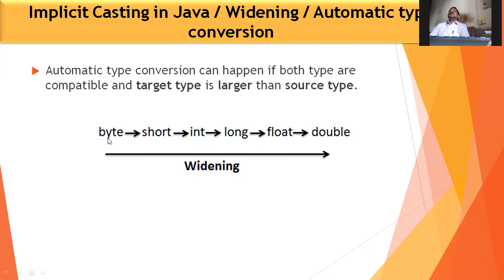Byte is a very small quantity and double is a very large quantity. From small to large is called widening, and this is called implicit typecasting.